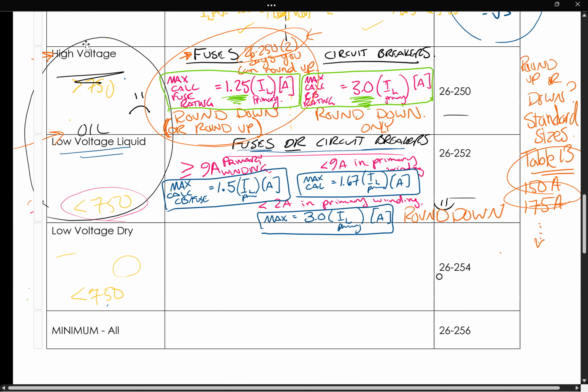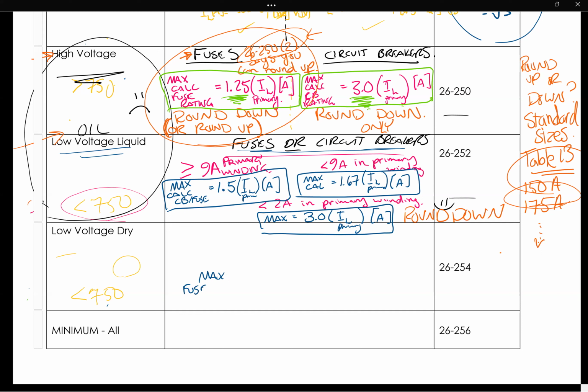For all low voltage dry, our max protection, I'll say fuse or circuit breaker, is going to be equal to 1.25, 125% times I line primary, which will be measured in amps. Everything.